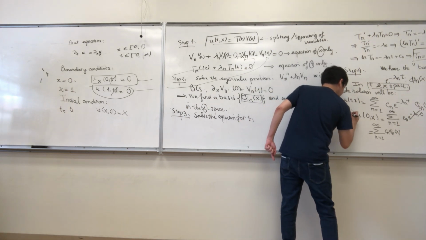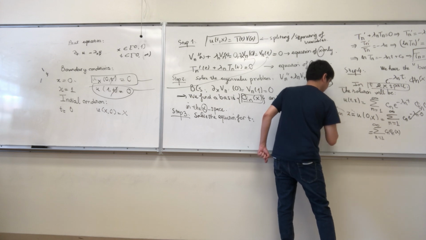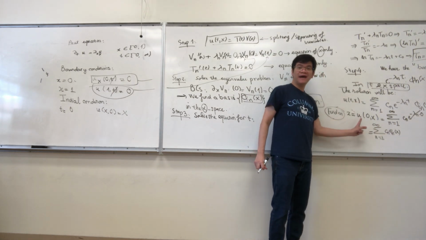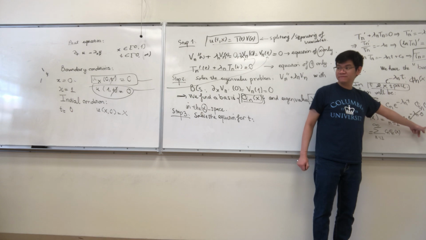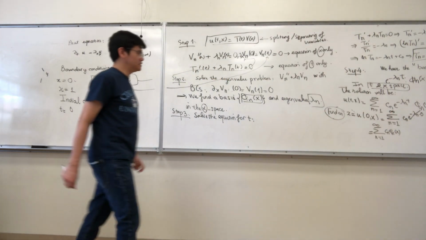So Cn is the coefficient of x in the expansion of x on the basis Vn. We will do that in a couple of minutes.